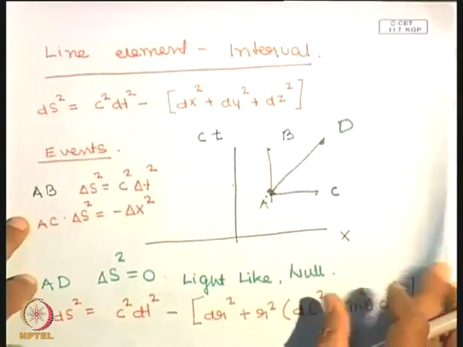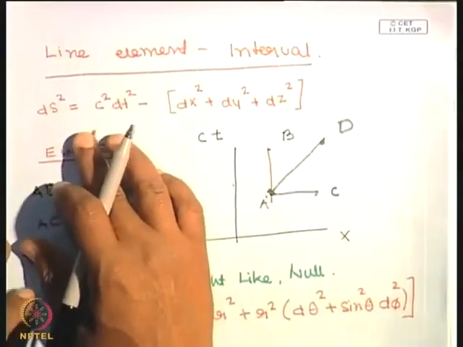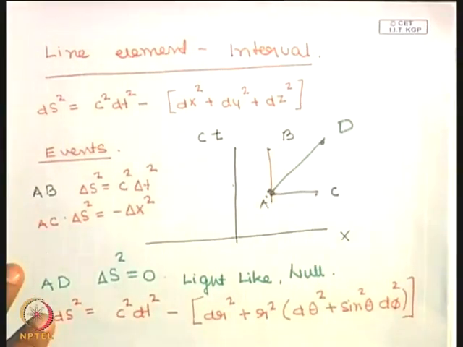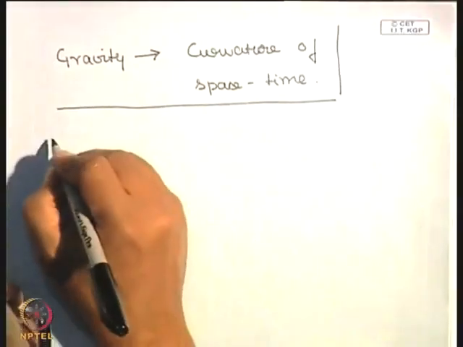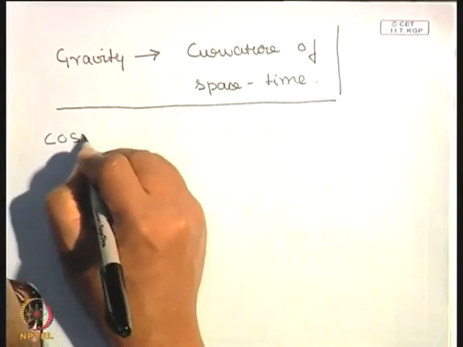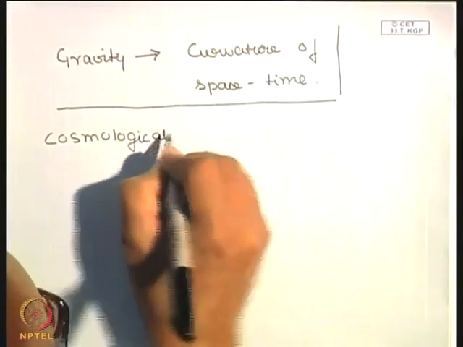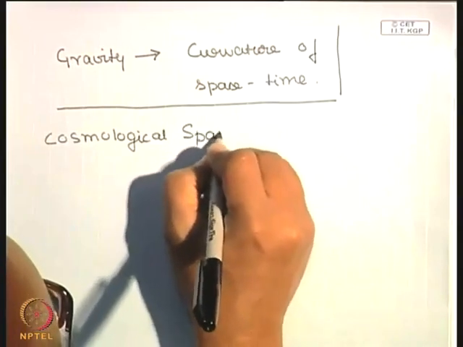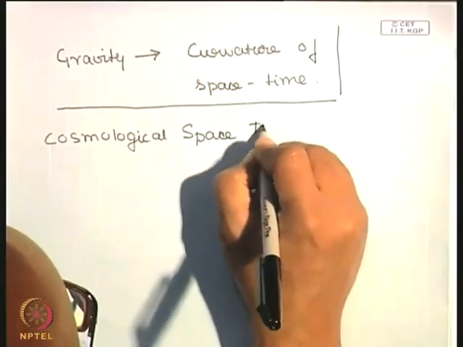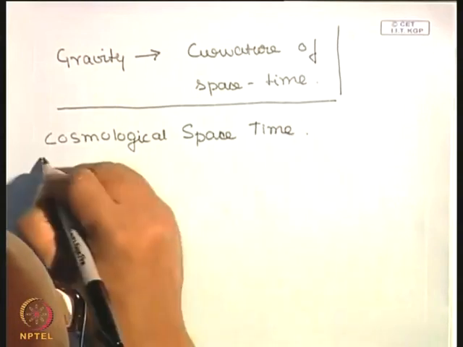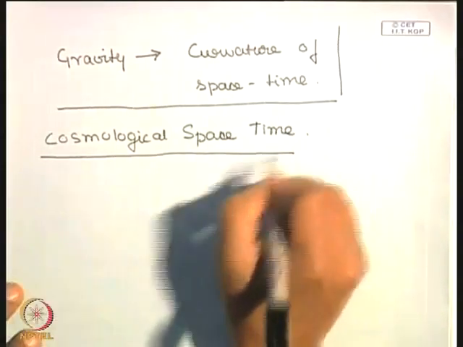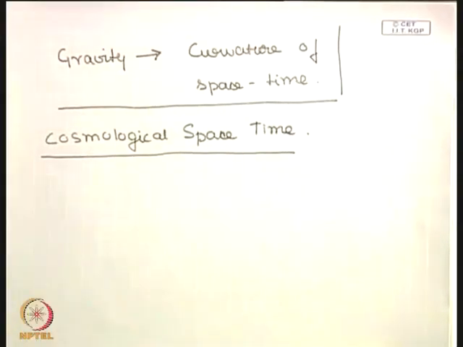So, the question is, how do we calculate distances in this cosmological space time? What is this space time that we are interested in? We are interested in a cosmological space time, and the cosmological space time is one that satisfies the cosmological principle.